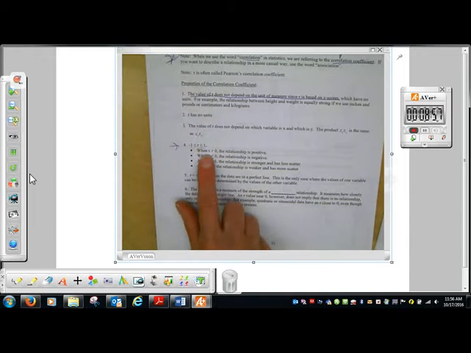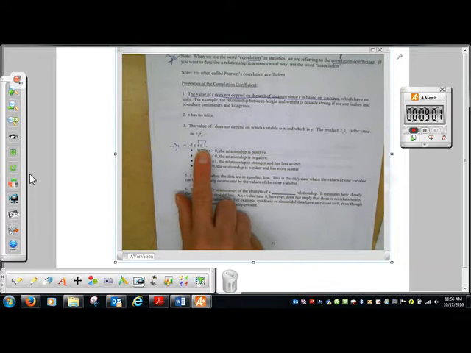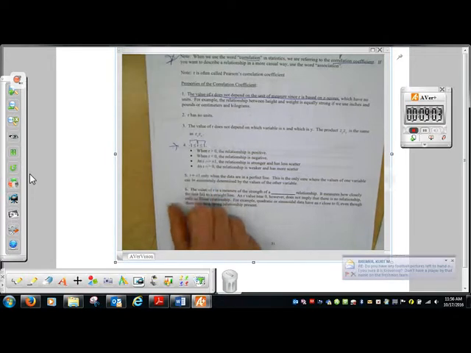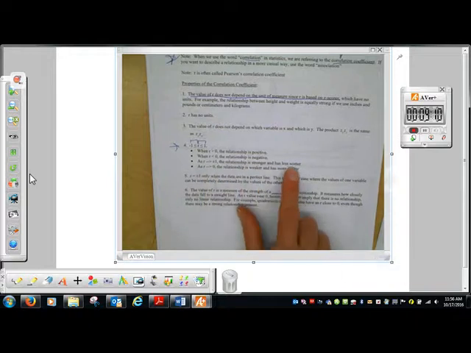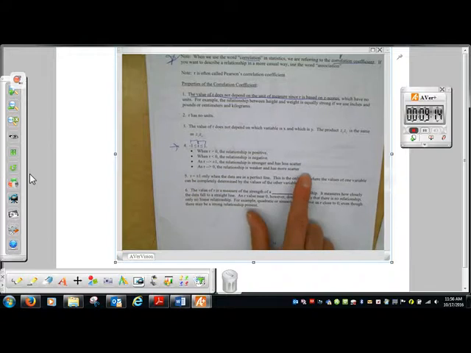When R is greater than 0, it's positive. So from here on up, it's positive. From here on down, it's negative. As R gets closer to +1, the relationship is stronger and has less scatter. As R gets closer to 0, the relationship is weaker and has more scatter.